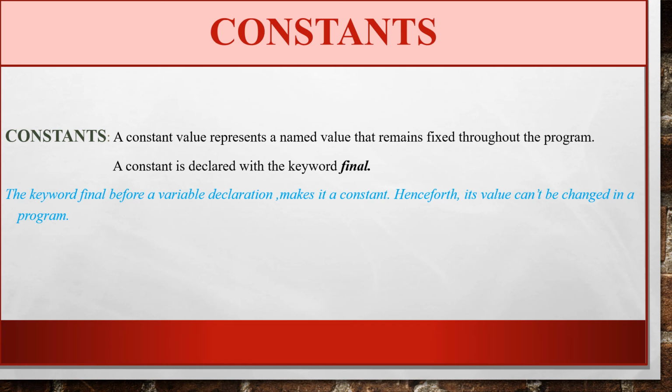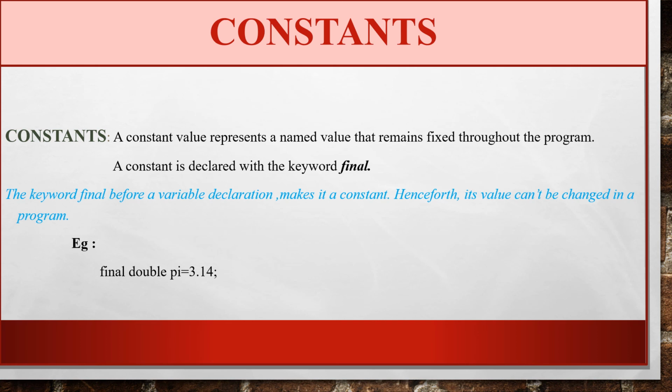That means the variable declaration we were doing till now is to be done in the same manner. Just before that we have to use a keyword final to make it a constant. Henceforth its value can't be changed in the program. So if we are declaring any variable as constant, its value cannot be changed in the program.